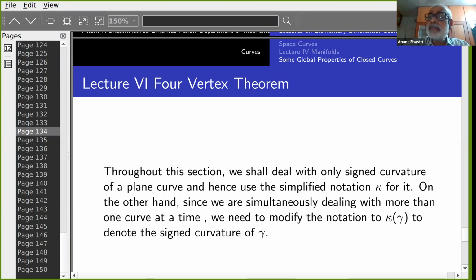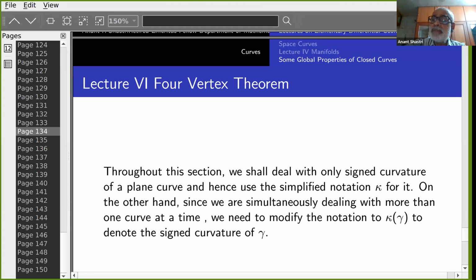K suffix s will be denoted by k. The actual k was modulus of k suffix s, if you remember. So that is the difference in the notation. It's just for the sake of simplicity, so every time I don't have to write k suffix s. Since we are dealing with more than one curve at a time, I may have to indicate what this k is for.